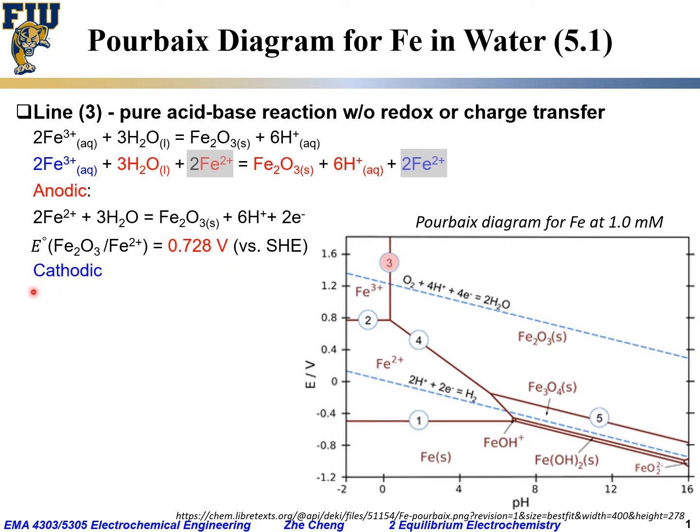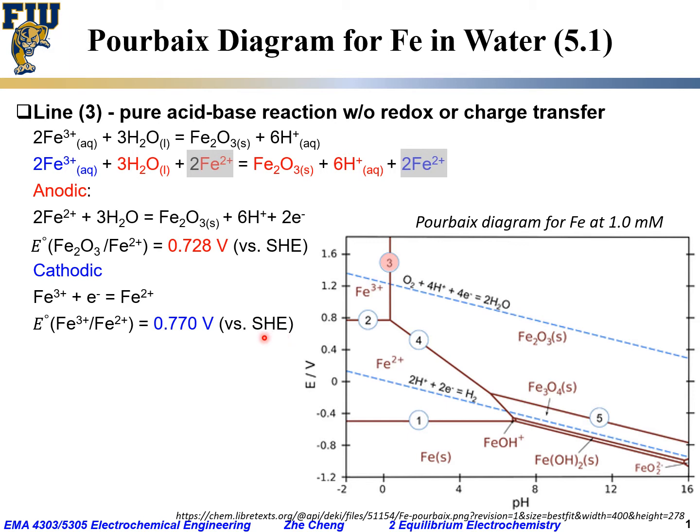At the same time, the cathodic or reduction half-cell reaction would be Fe3+ becoming Fe2+. Fe3+ combined with an electron to form Fe2+. And similarly, the standard electrode potential for this half-cell reaction would be 0.770 volt. You get this from the standard table, and again it is versus SHE.